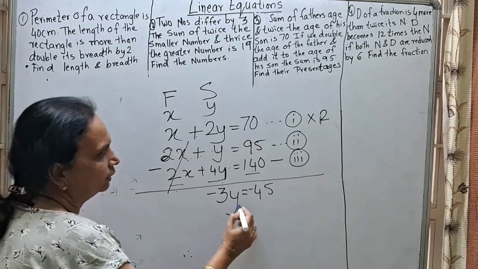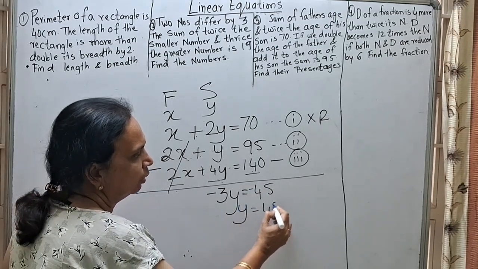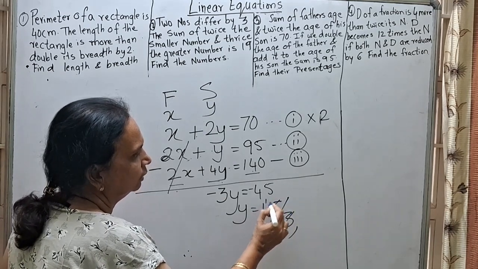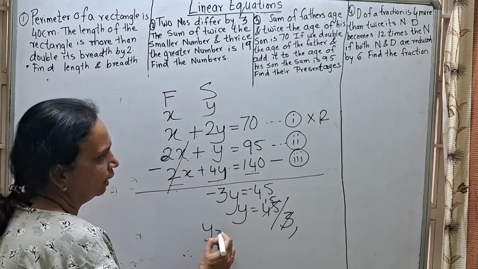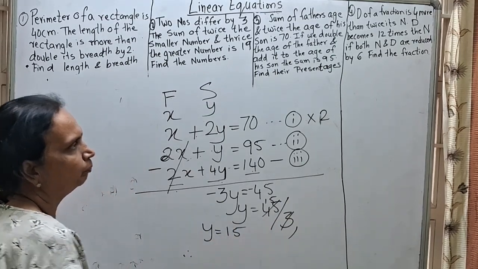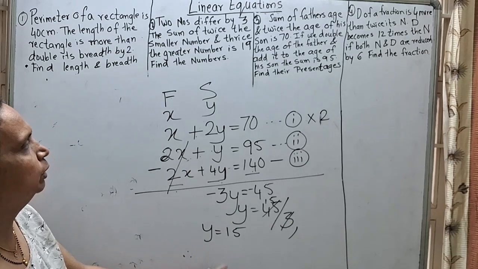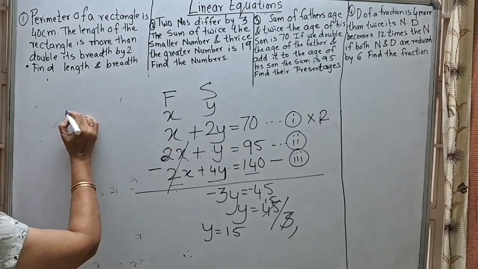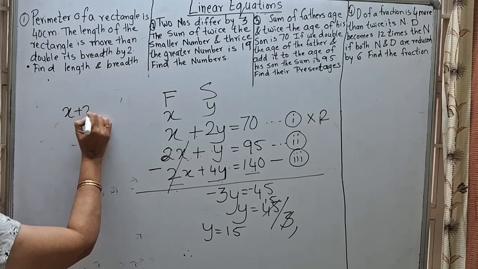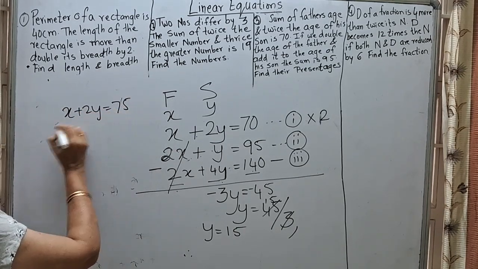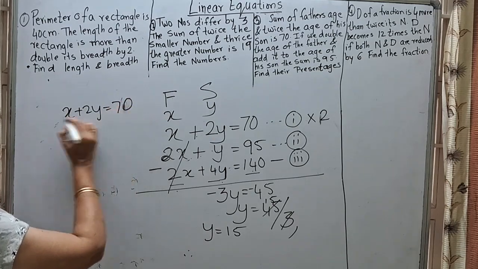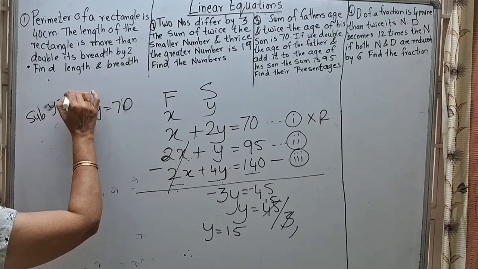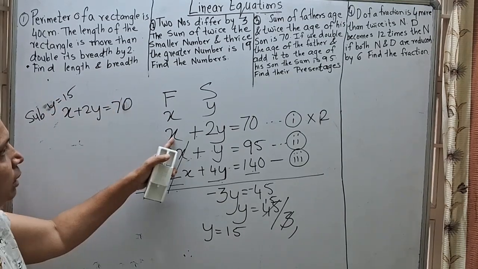Minus minus will get cancelled. Variable on one side, number on other side. 45 divided by 3, 3 ones are 3, 3 fives are 15. So you got y is equal to 15. Now substituting y is equal to 15 in any one of the equations, we will substitute here in x plus 2y is equal to 70, equation 1.